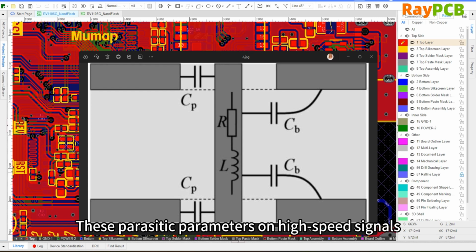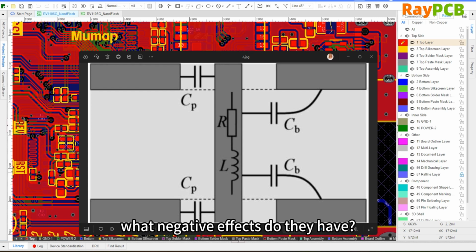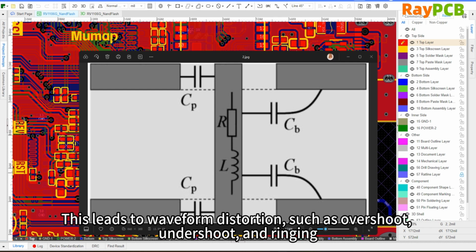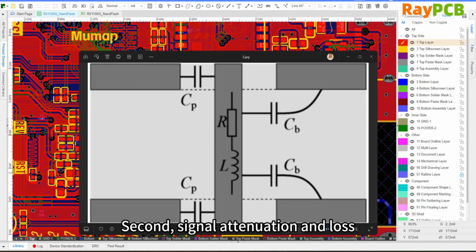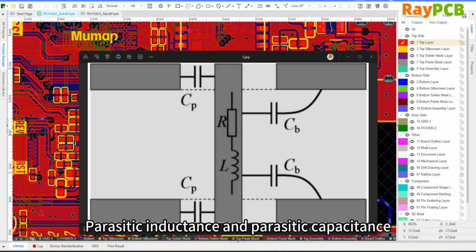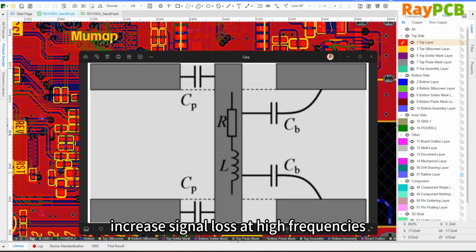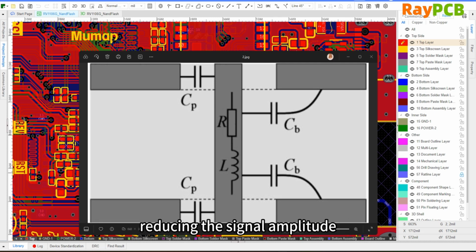What negative effects do these calculated parameters have on high-speed signal? First, signal reflection. The discontinuity introduced by vias and traces causes signal reflection, leading to waveform distortion such as overshoot, undershoot, and ringing. Second, signal attenuation and crosstalk. Parasitic inductance and parasitic capacitance increase at high frequencies, which will increase signal loss and reduce signal integrity.